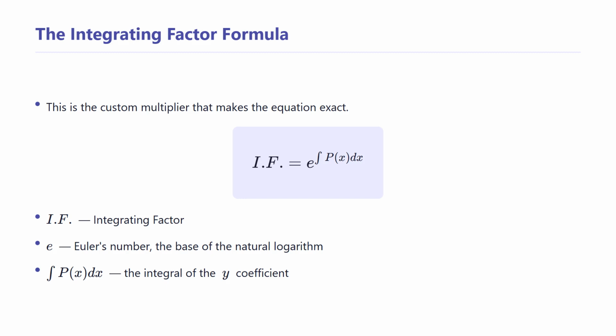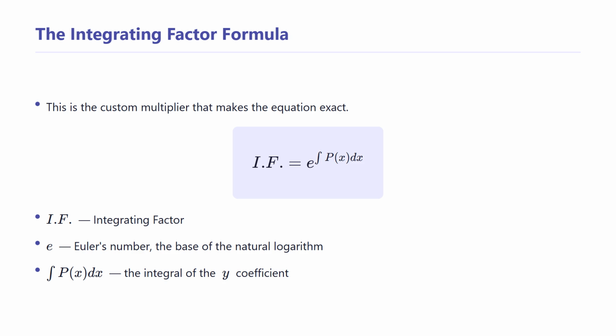Now that our equation is in standard form, we can calculate the integrating factor itself. This formula comes from forcing the left side of our equation to look exactly like the result of the product rule. Here, IF stands for the integrating factor. The symbol e is Euler's number, which naturally appears in growth and decay processes.